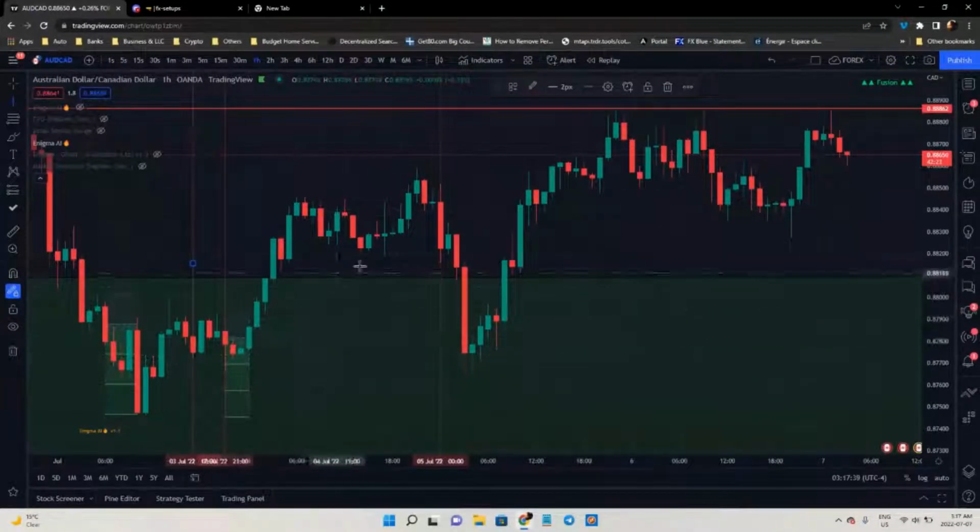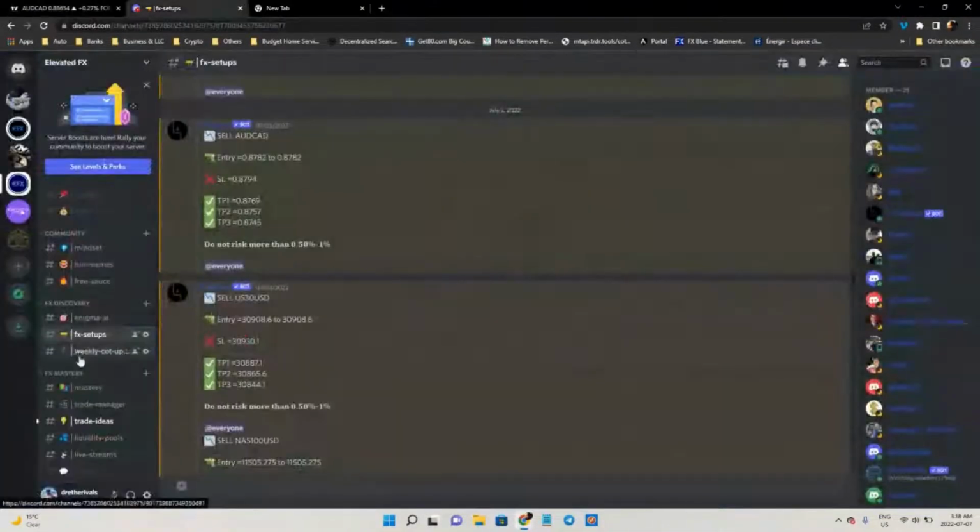I want to know exactly whether the market is bearish or bullish. With this indication, it's giving me a bullish week, and since then it never came back. So I would only be expecting buys overall for AUDCAD for the week.